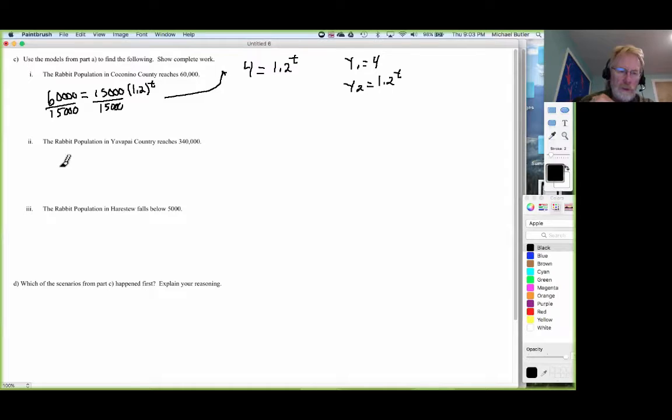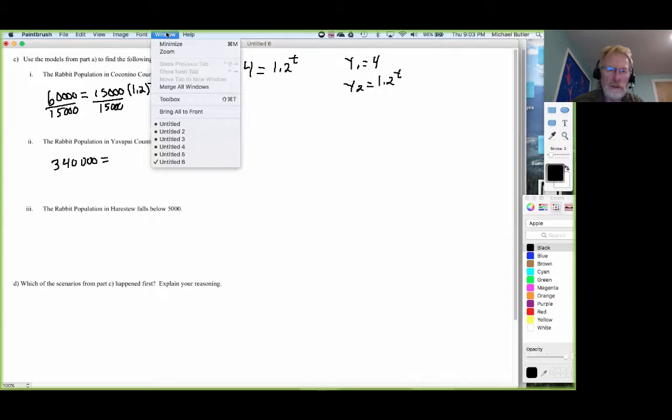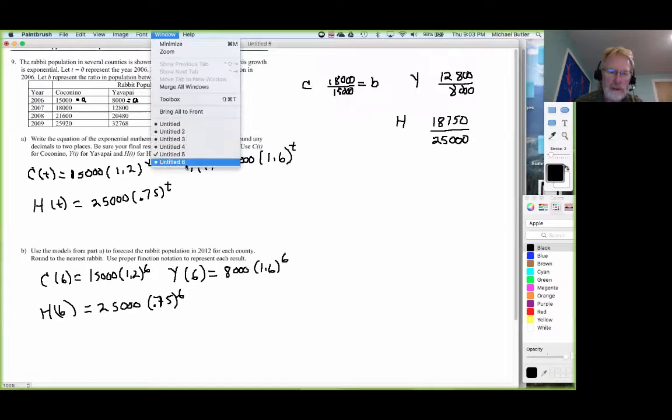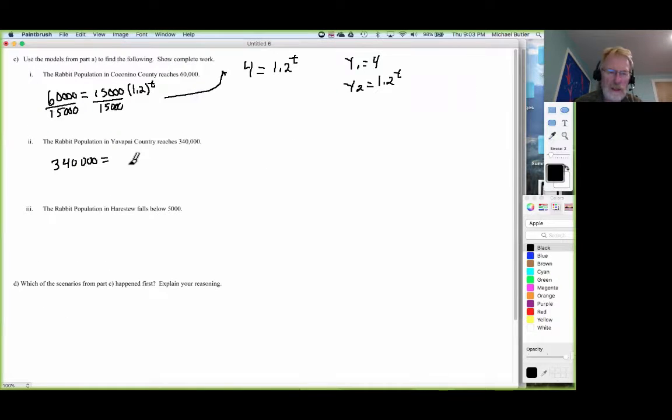Okay, so for y of t, got 340,000 rabbits is equal to, what was the initial on that one? 1.6 is the growth rate, so it's Yavapai. Yes. So it's 8,000 and 1.6, right? Yep.